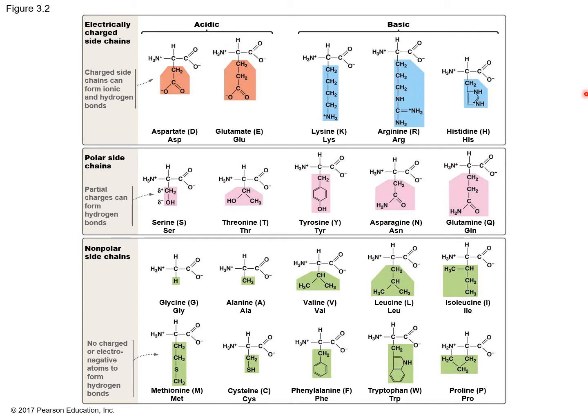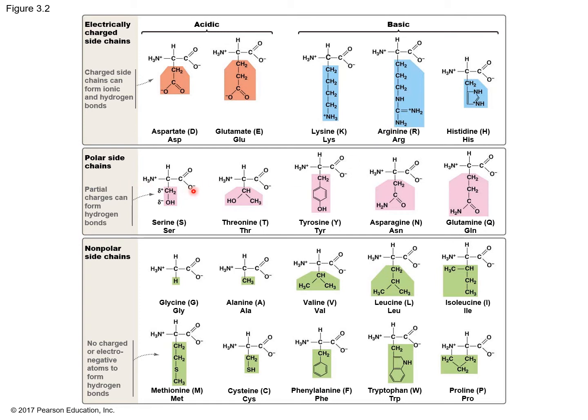Here we have the different amino acids all characterized by the different types of side chains. First we have the electrically charged side chains. We have 2 examples of acidic, 3 examples of basic.